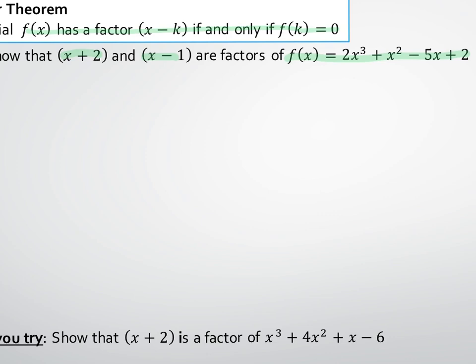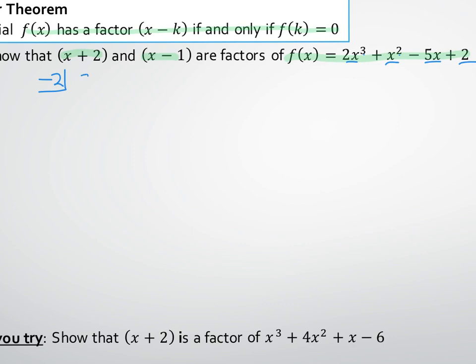The first thing that I would do is set up synthetic division for negative 2. So I know negative 2, or x plus 2, will go in our box, and we're going to look to see if we're missing any placeholders here. Our powers go 3, 2, 1, 0, so we're good there.